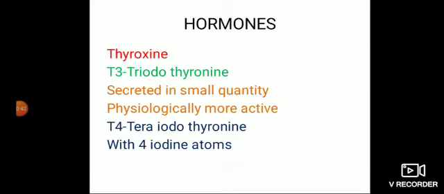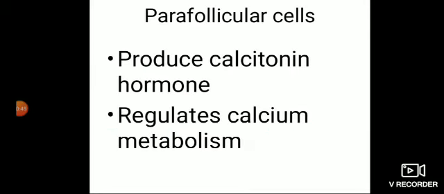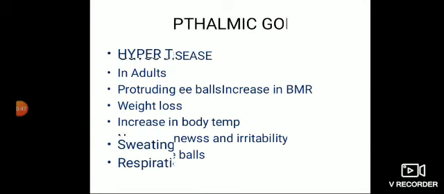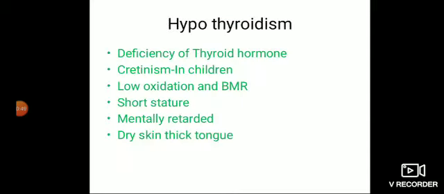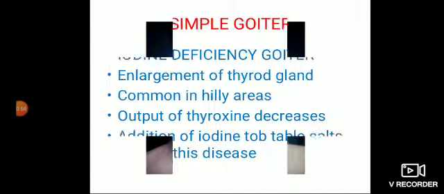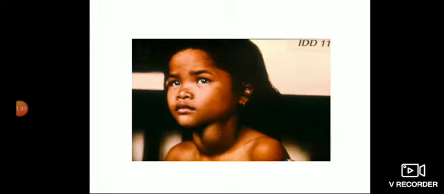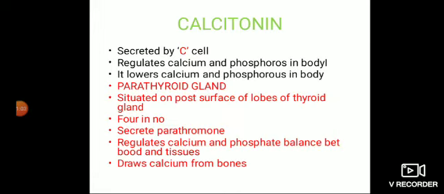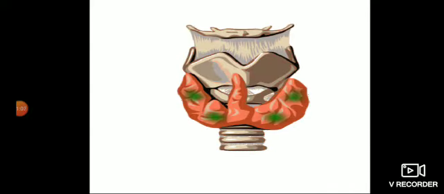This calcitonin hormone is produced by the C cells of the thyroid gland, remember, and they act on the bones, and again the calcium level is reduced. So this way, a multiple choice question: what is the role of calcitonin, or who secretes calcitonin?